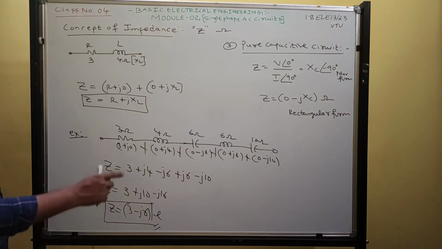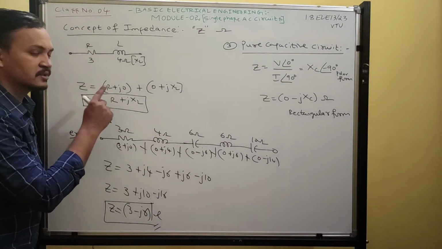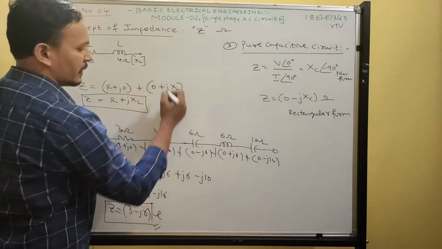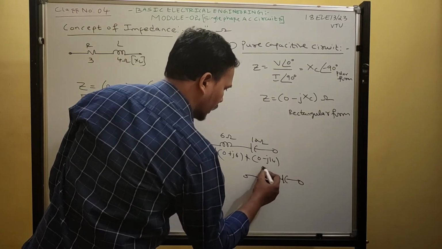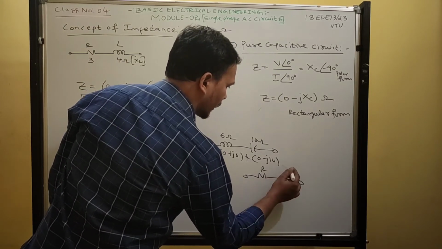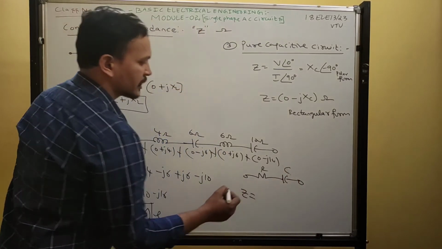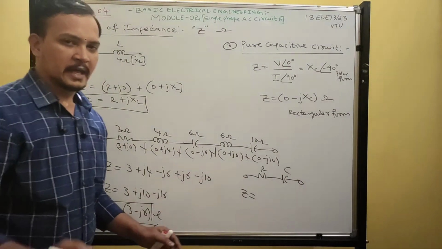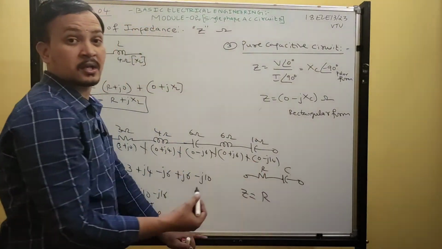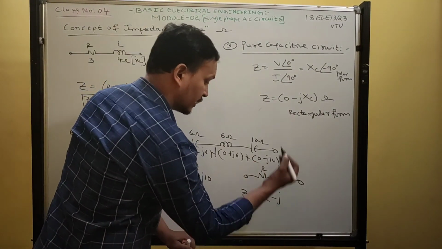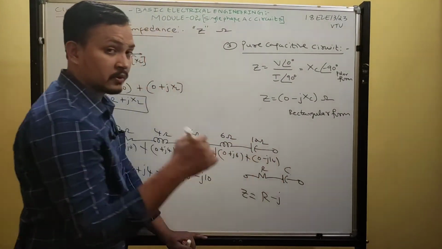So in series RL circuit, what is the impedance? R plus JXL. Now if I take capacitor, R and C. Guys, what is the impedance for this circuit? I need answer. Yes, R. Capacitor, you write minus J. For capacitor what we have?